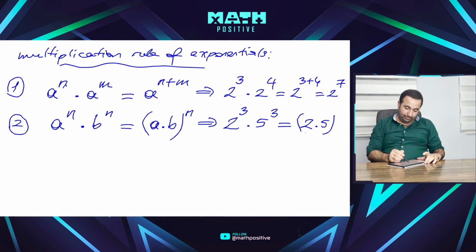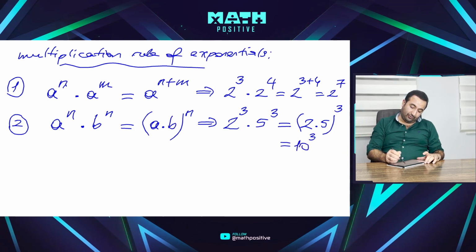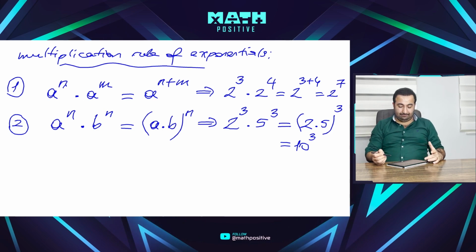Namely, as an example to this, we can say 2 to the power 3 times 5 to the power 3. This will be equal to 2 to the power 2 times 5 to the power 3, which is 10 to the power 3. Okay?